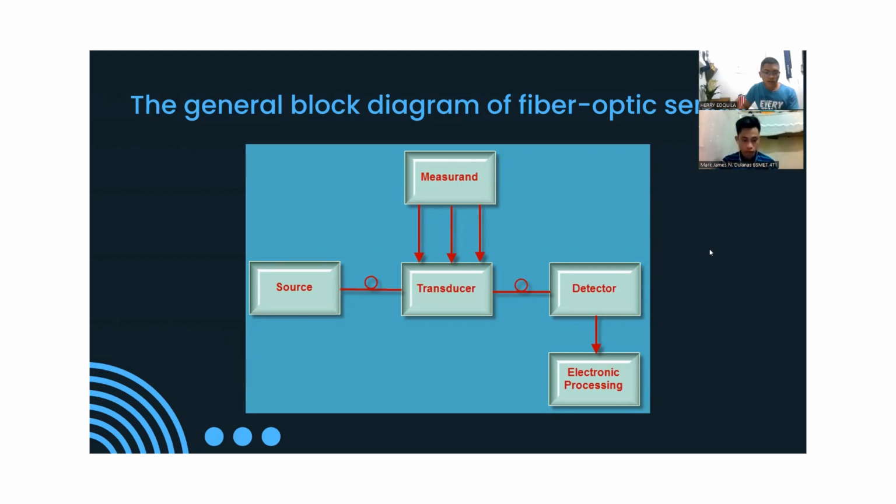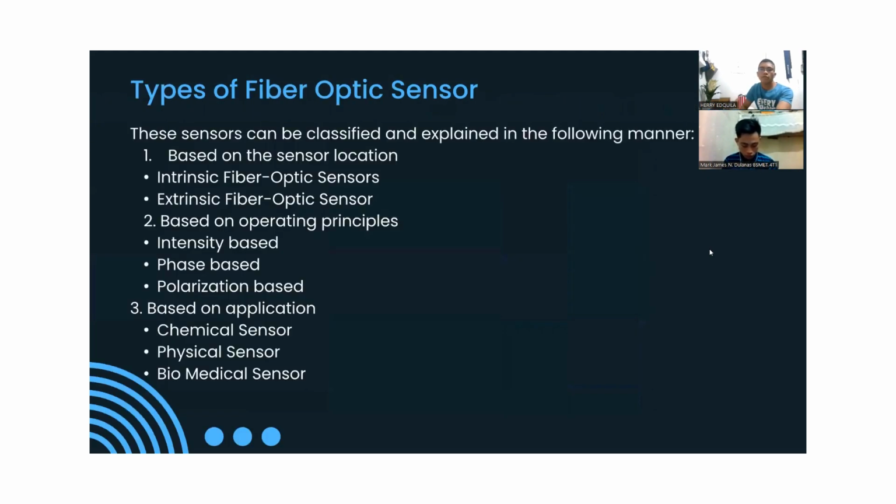These sensors are classified into three categories based on operating principles, sensor location, and applications. So, types of fiber optic sensor. First is based on the sensor's location, then based on the operating principles, and based on applications. These sensors can be classified and explained in the following manner.